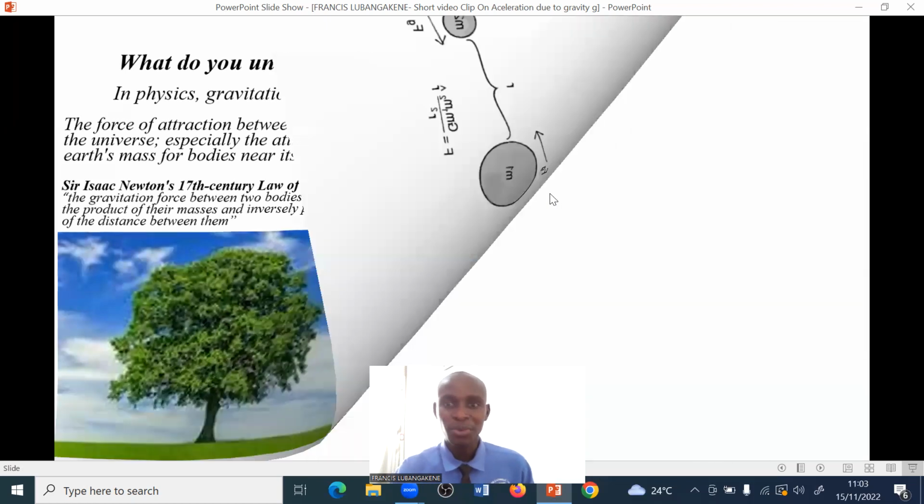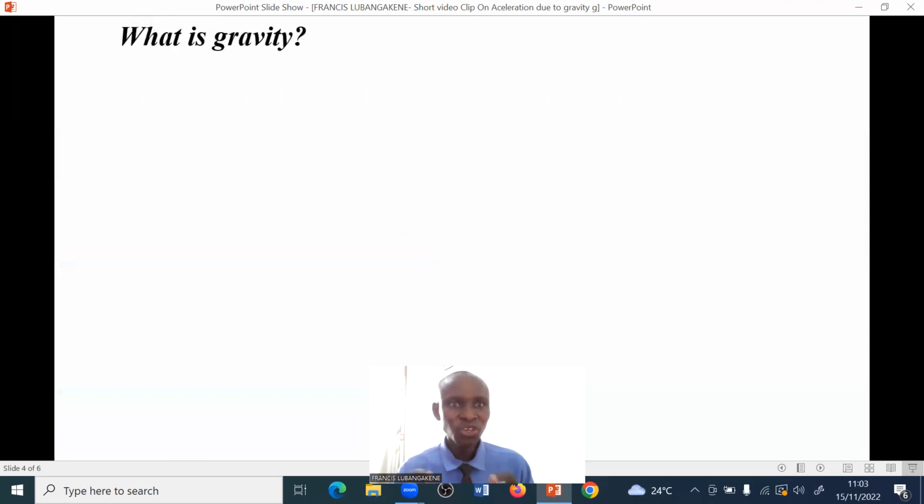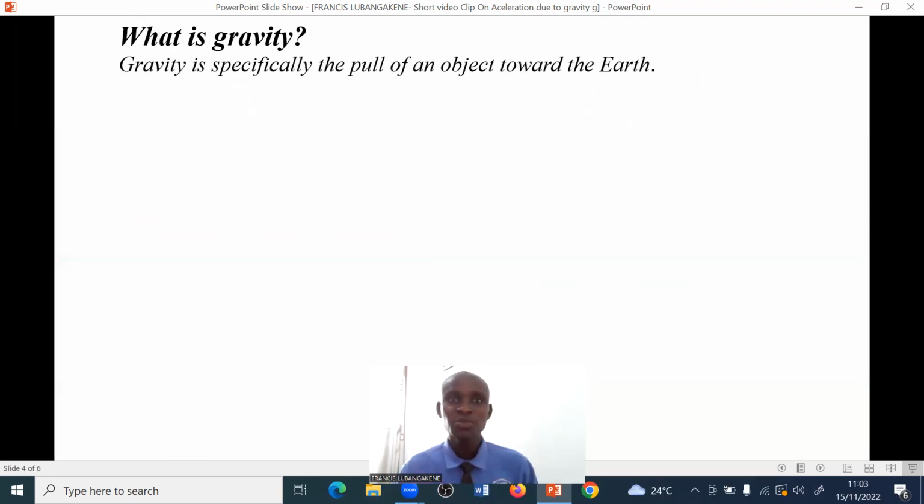Friends, you will also appreciate that gravity is giving us the real definition of what acceleration due to gravity is. Our next key point here is gravity, because we have seen acceleration and gravitation, and now we are talking about gravity. What do you understand by the term gravity? Gravity is specifically the pull of an object towards the Earth.